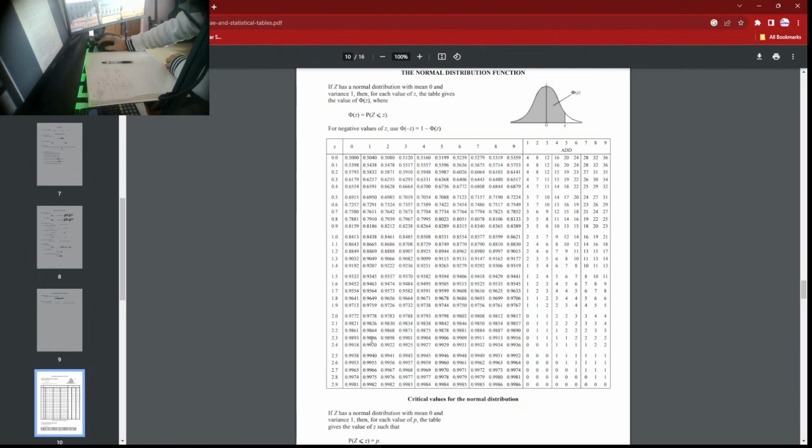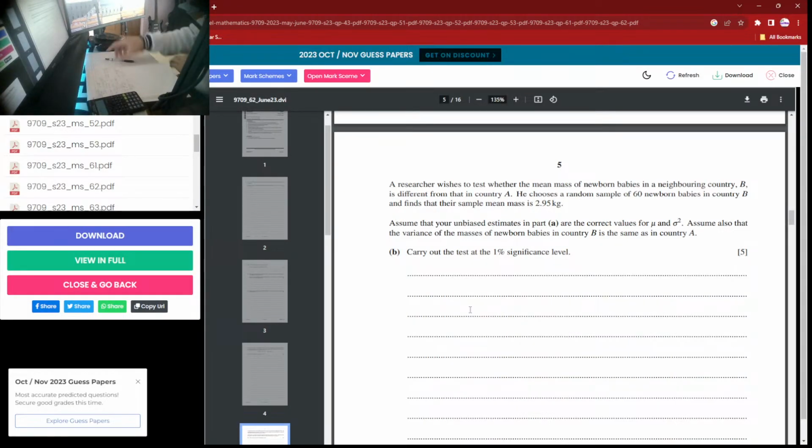And then from this, we will find 0.9961. So we'll have 1 minus 0.9961, which gives us 0.0039, which is less than 0.01. Therefore, reject H naught.